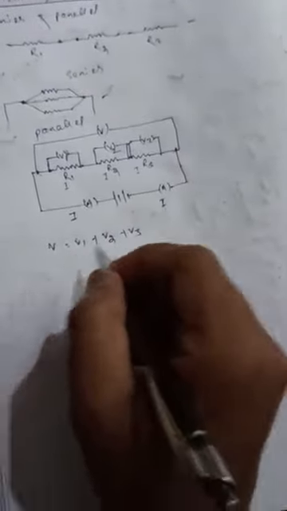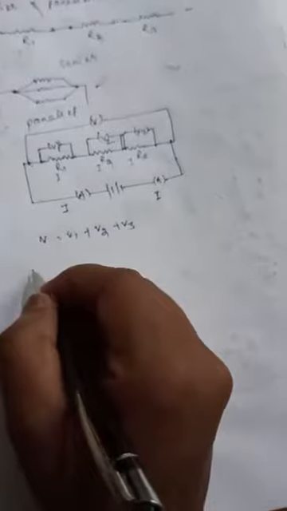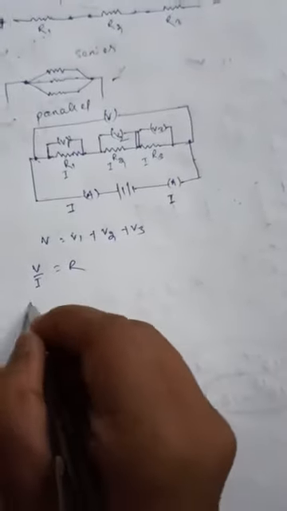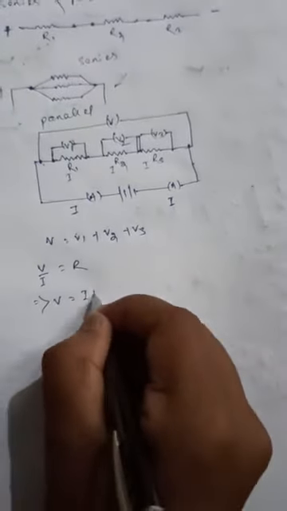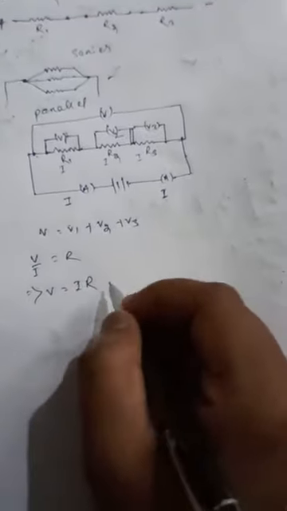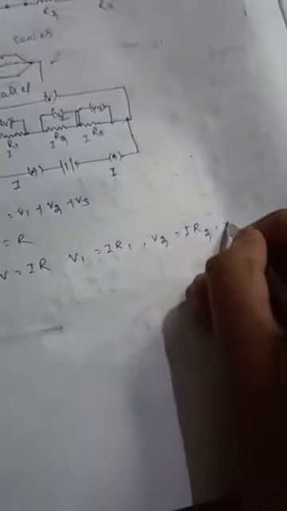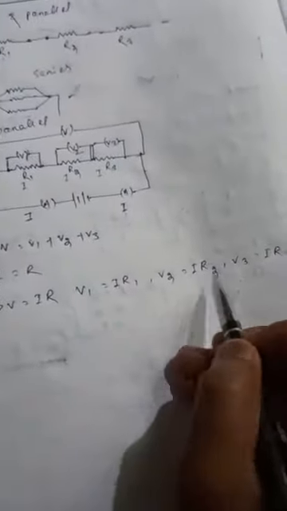We know from Ohm's law that V by I equals R, which implies V equals IR. So V1 equals IR1, V2 equals IR2, V3 equals IR3. Why am I not taking I1, I2, I3? Because I is the same. Here V1 equals IR1, V2 equals IR2, V3 equals IR3.